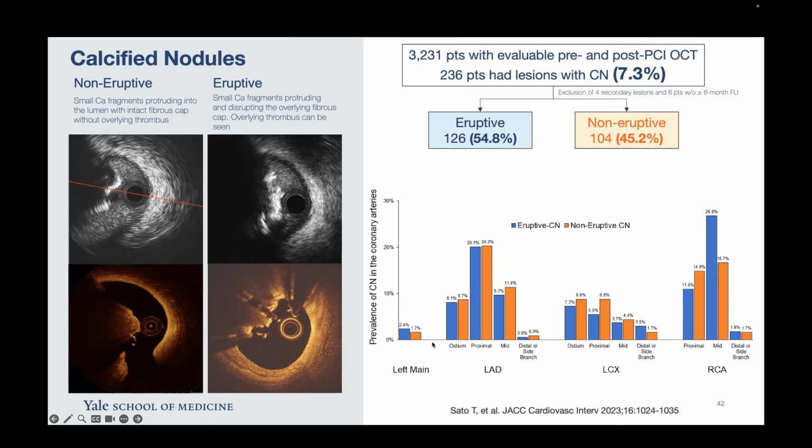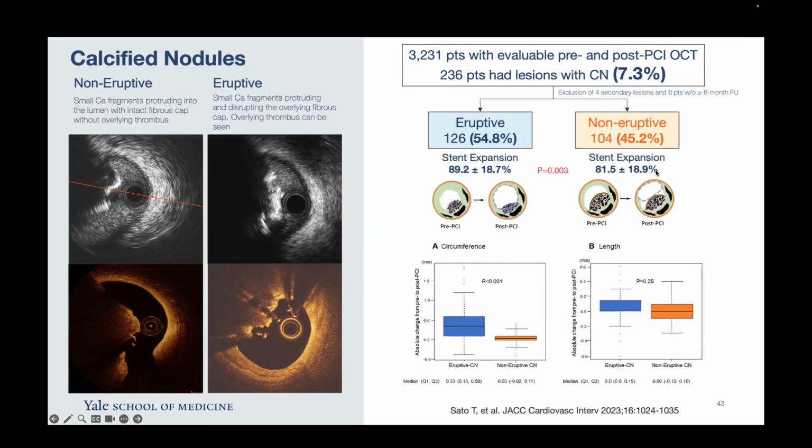And the distribution of eruptive and non-eruptive nodules is also pretty much similar regardless of where you're looking, the LAD, the left main. The only difference here is mid-RCAs have more eruptive calcified nodules as opposed to the other segments. So in RCAs, we should see more eruptive nodules in the middle, maybe because of the shear forces in that segment of the vessel.